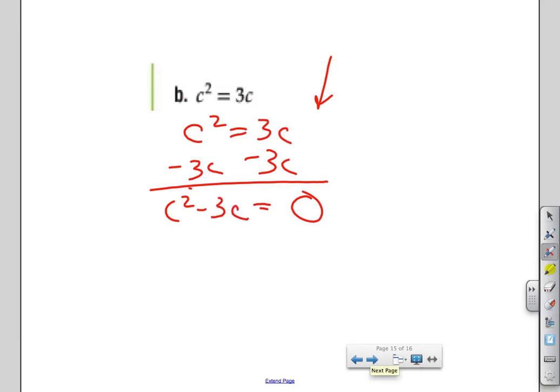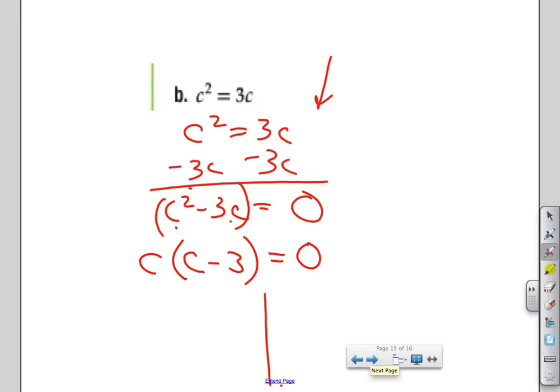Now I'm going to factor this expression. I'm going to factor out c, right? Both of these terms have a c in them. And I have a c left here and a minus 3, equals 0. Now I have two factors equal to 0, so I'm going to separate it out.